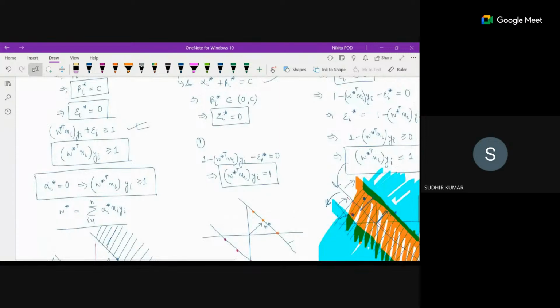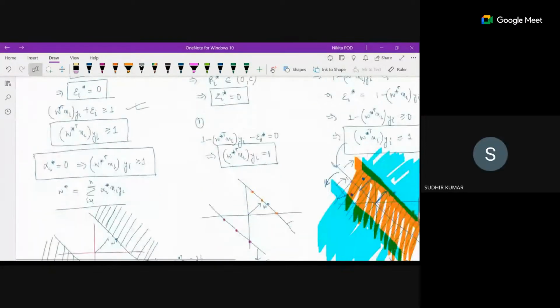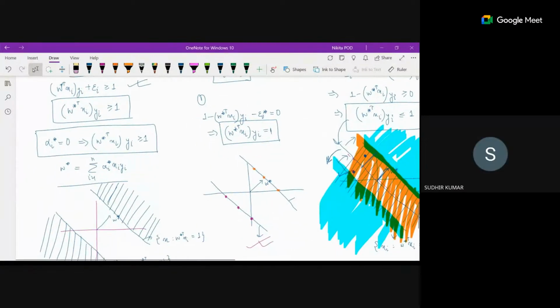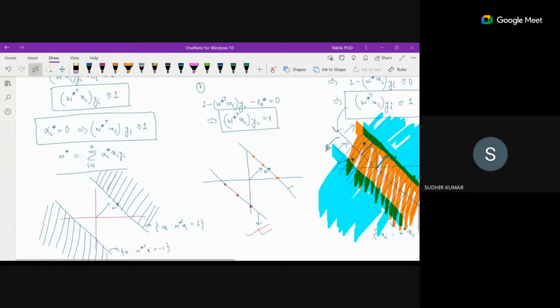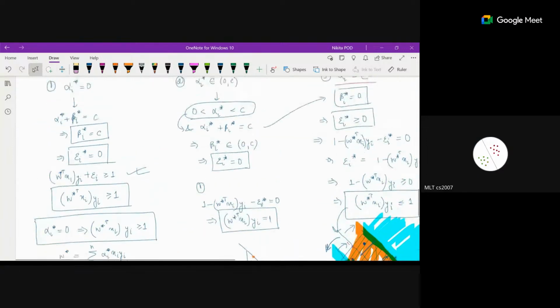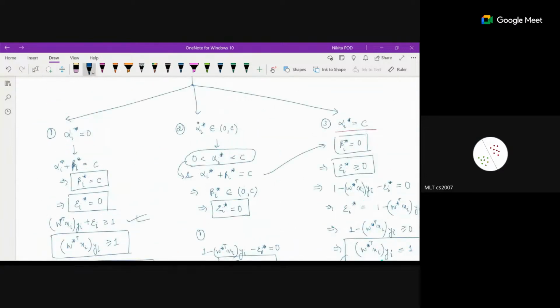Ma'am, for the points lying on the hyperplane for the second condition, why are these important to us? Because my alpha i star belongs to (0, C), and you can see that 0 is not closed here, so there can be no alpha i's which are equal to 0, right?